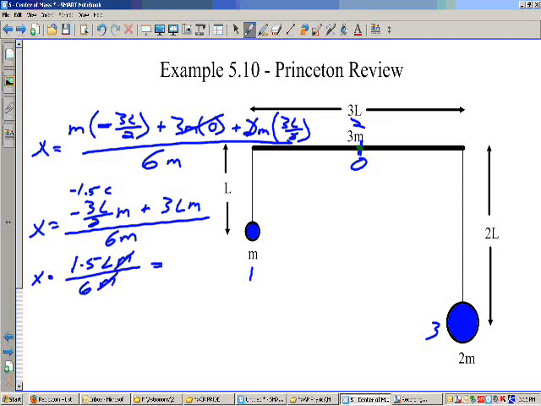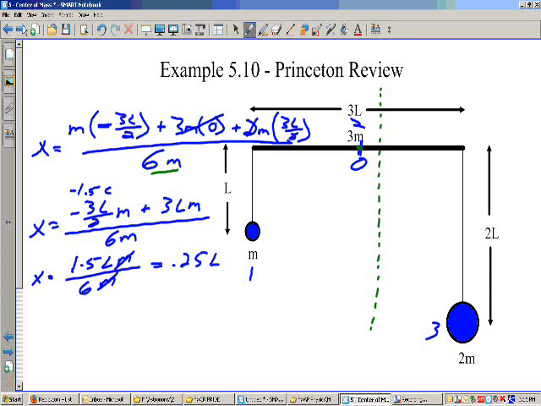The 1.5 over 6 is 0.25 L. The thing that I failed to do the other day was to include the bar mass right here, and that was my mistake. You have to include it. So the x-coordinate for the center of mass is somewhere along the positive 0.25 L. Let's say it's somewhere along that line.